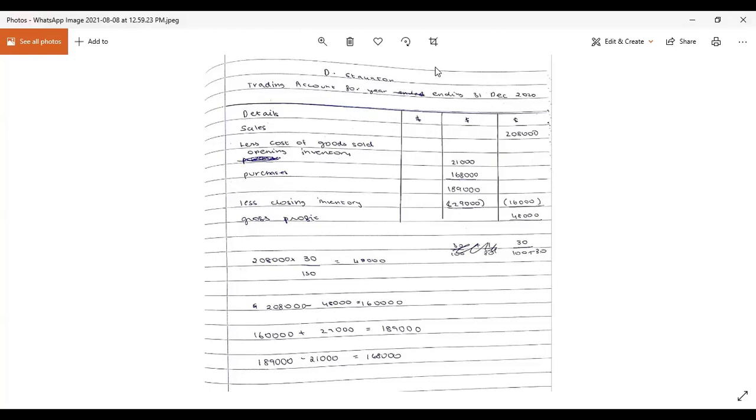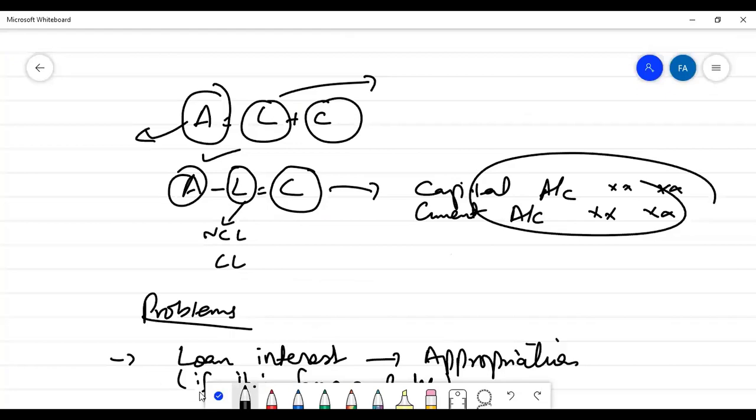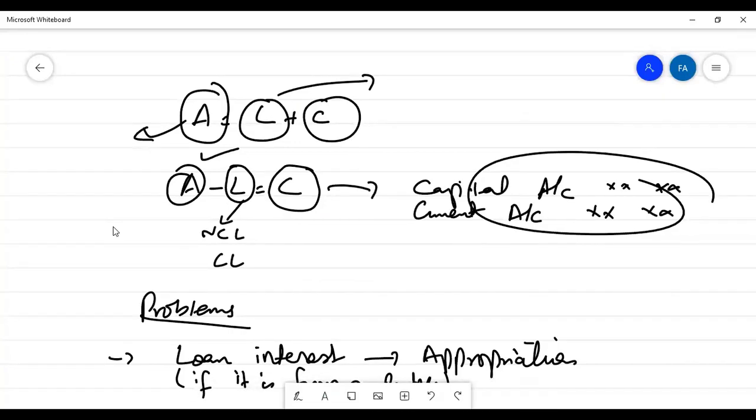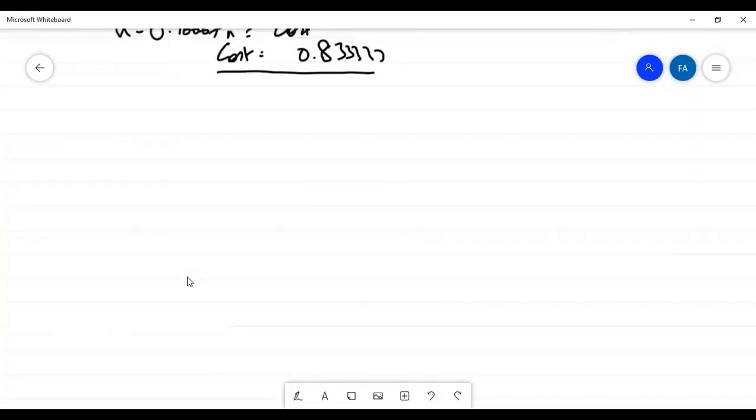Okay, so let's come to the whiteboard. 30% is the markup, so we'll see how we can convert this into our margin. If 30% is the markup, what will be the selling price?